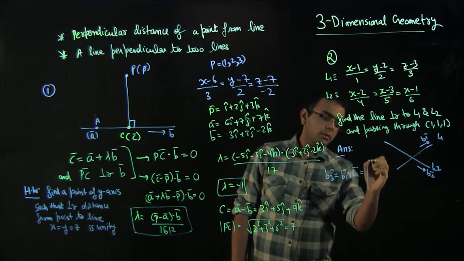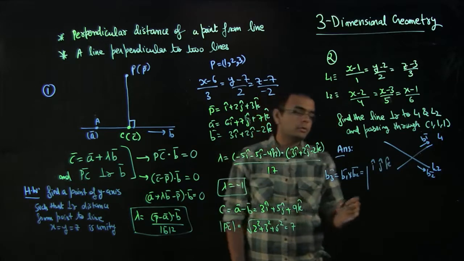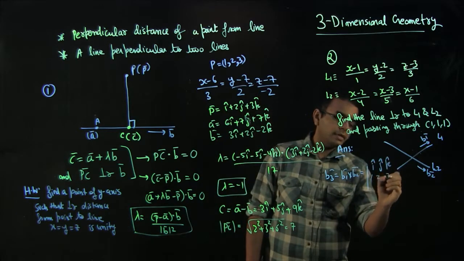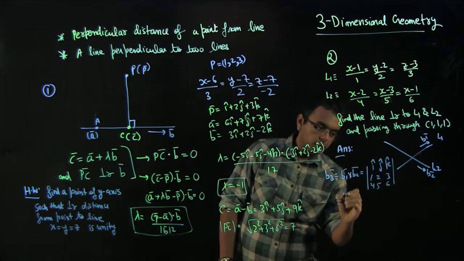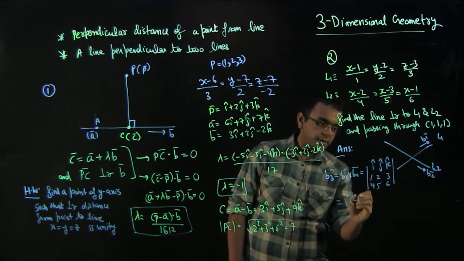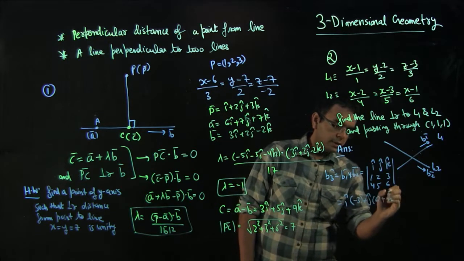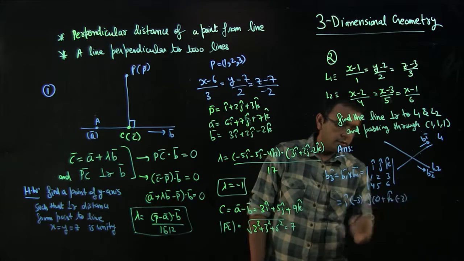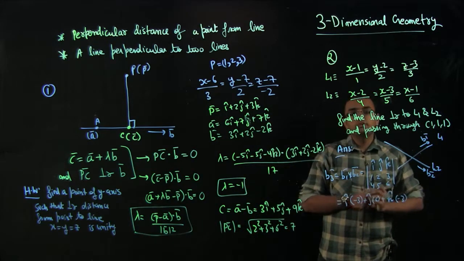You should remember that for taking cross product you have to write i, j, k and then open up the determinant. If you do that, this will be i into minus 3 plus j into 6 plus k into minus 3. So, is this perpendicular to both (1, 2, 3) and (4, 5, 6)?